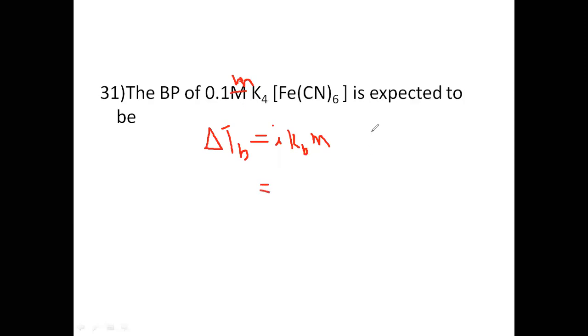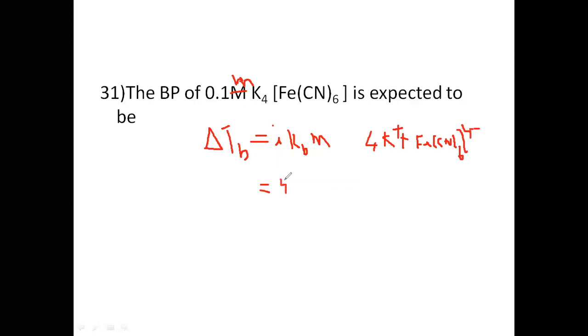How? 4K plus and Fe(CN)6 with 4 minus charge, means total 5 ions.